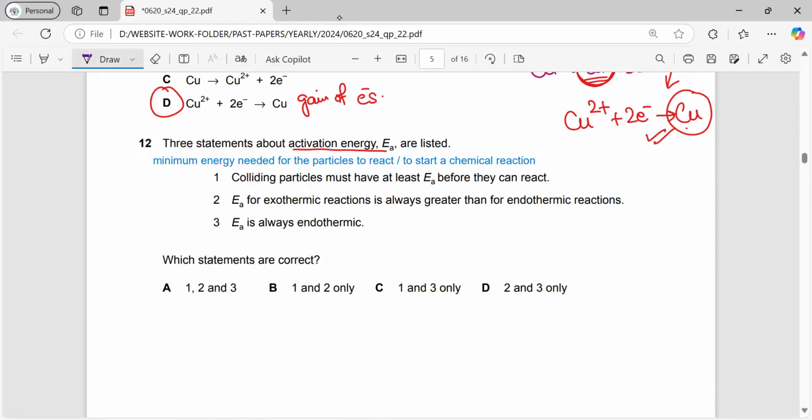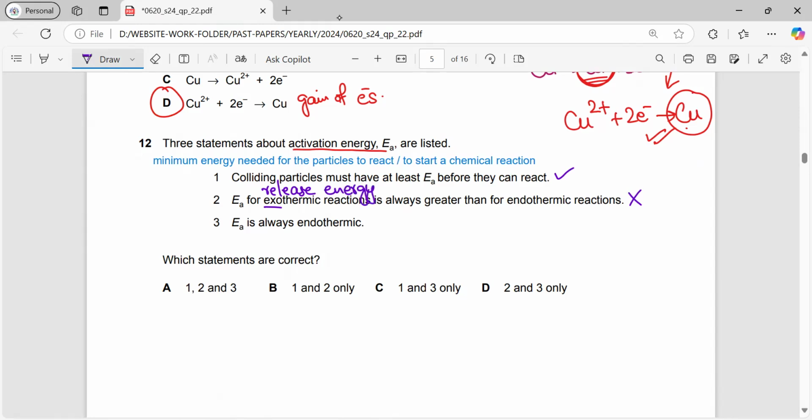Colliding particles must have at least activation energy before they can react. Yes, this is correct. The particles must have this energy. Activation energy for exothermic reactions is always greater than for endothermic reactions. No, this is wrong, because exothermic reactions are those which release energy.